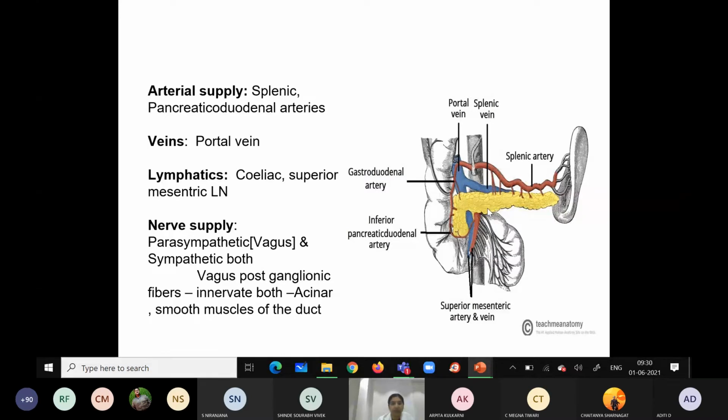Here also it plays a dominant role, whereas stimulation of the vagus nerve causes a huge increase in the secretion of pancreatic juice, whereas the sympathetic nerve also supplies the pancreas, but stimulation of sympathetic postganglionic neurons causes reduction in the synthesis of the pancreatic juice. Now this vagus nerve innervates both the acinar cells and the smooth muscles of the ductal cells. That's why whenever there is stimulation, it will increase the synthesis of pancreatic juice.